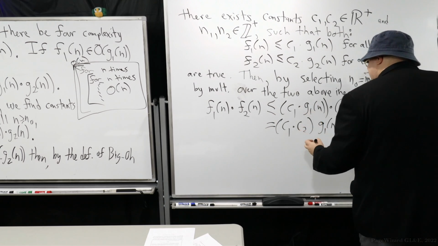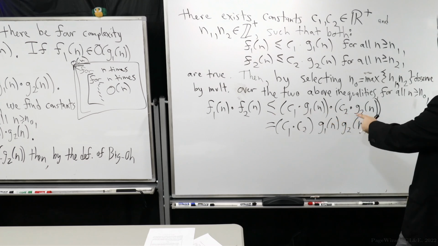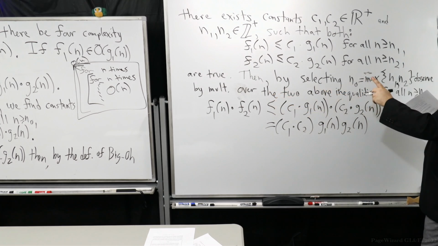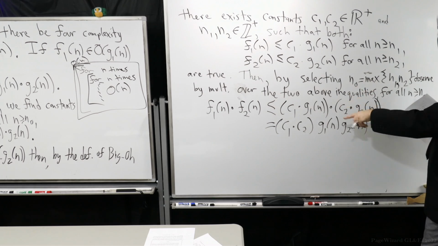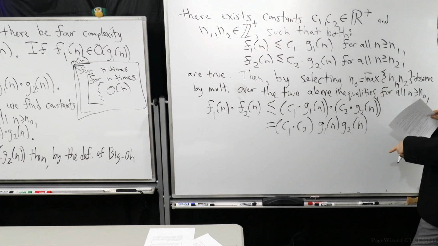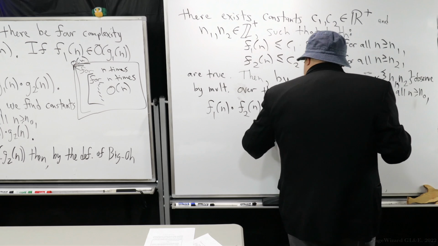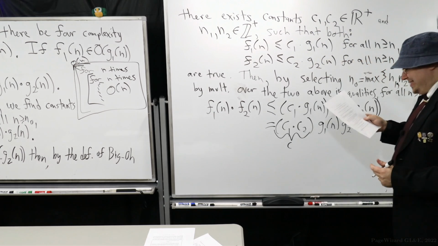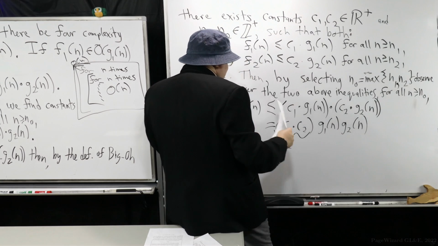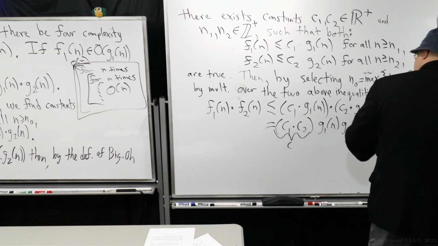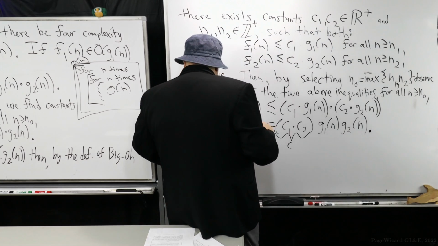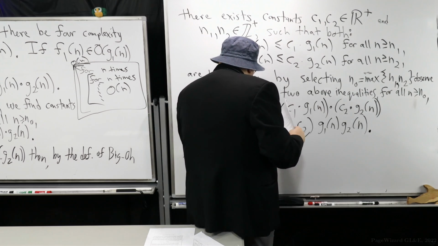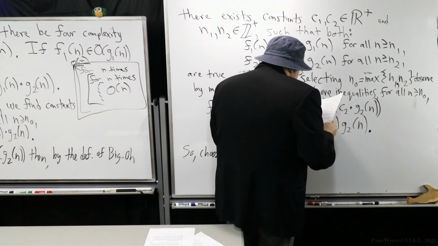But look at this. Now I have C1 times C2 times this thing. This is what I wanted, right? F1 times F2 is less than or equal to some constant times G1 times G2. If I make this C, we're done. So choose C equal to C1 times C2.